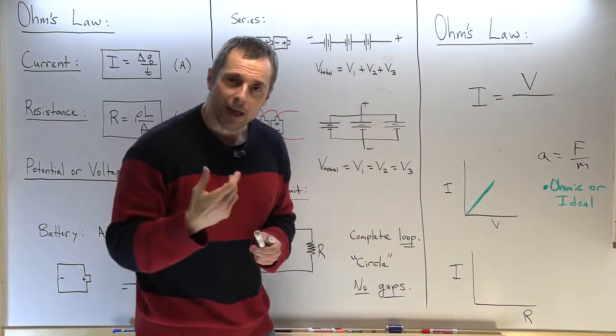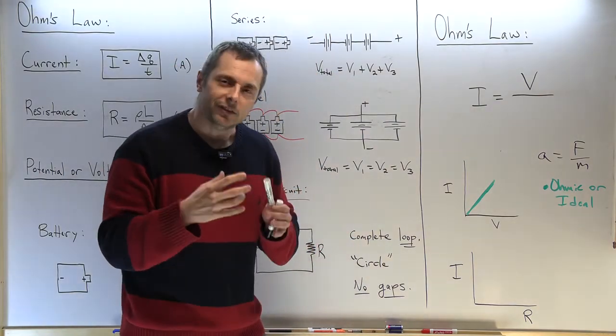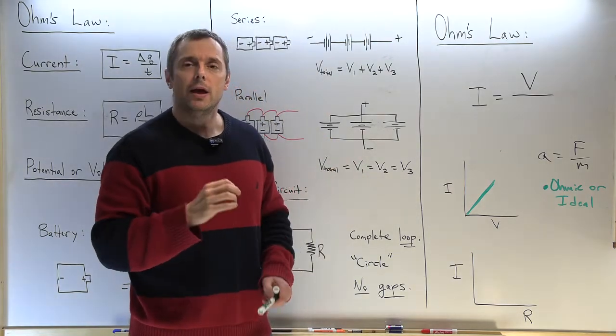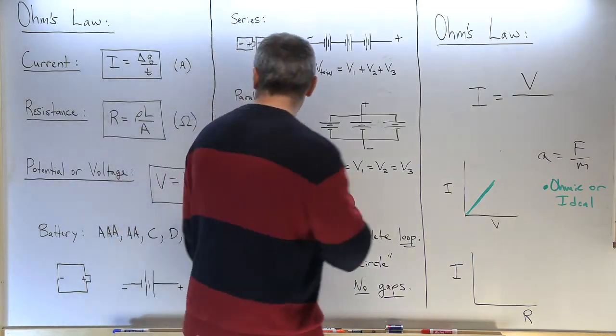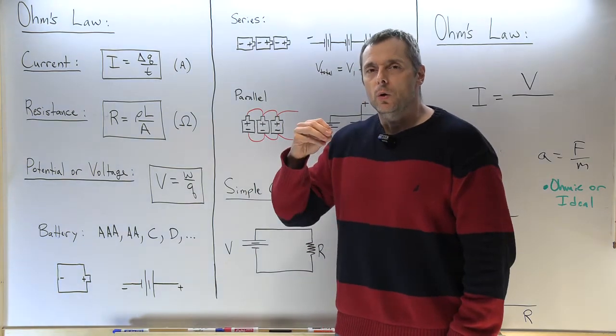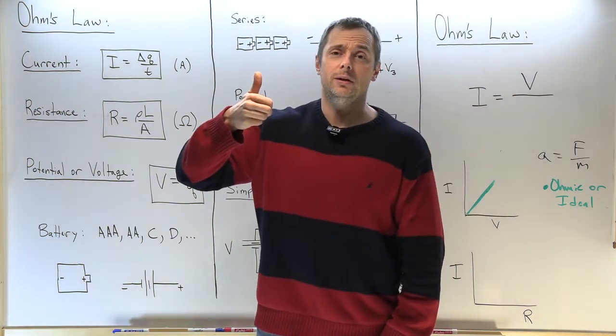But what eventually happens when you keep cranking the volts up, the resistor gets hotter and hotter. If I touch that bulb, I might burn myself. And so one of the other things that's actually not in this equation is the temperature dependence. When materials get hotter, the resistance goes up.